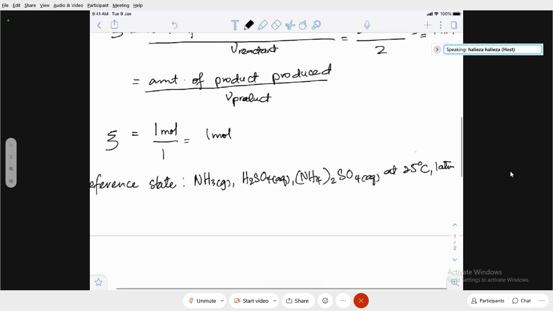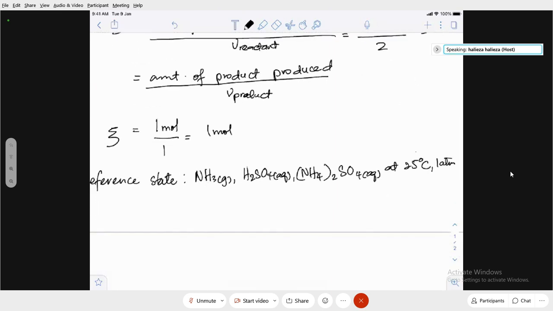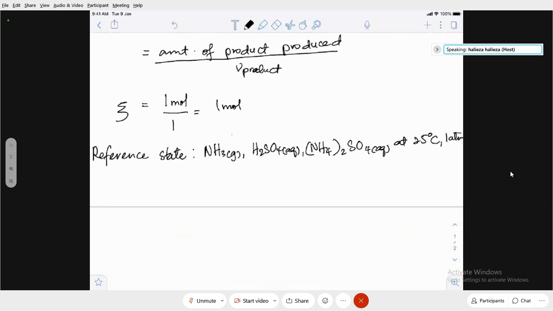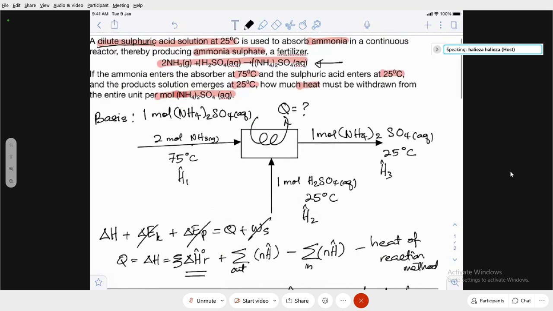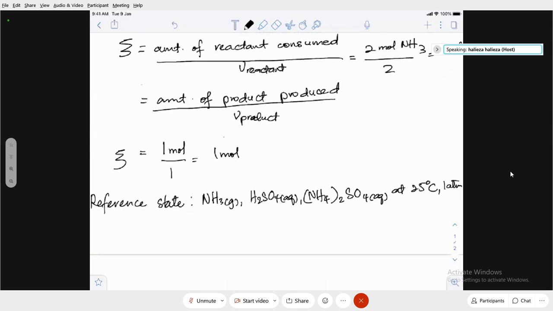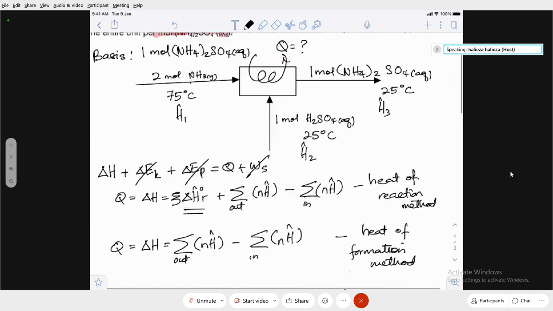Okay, so now let's get the heats of... if you want to draw the table, no problem. If you don't want to draw the table, in this case, I don't see the need of doing the table. Since we already know that the reference state is at 25 degrees C, 1 atm, you're looking at the compound. So now look at the block diagram.